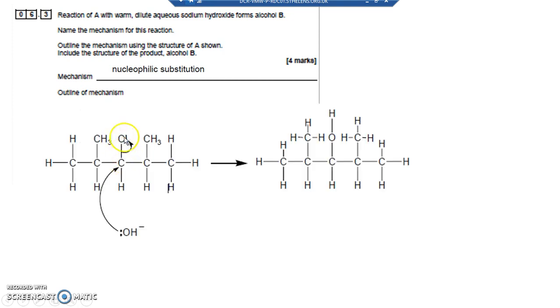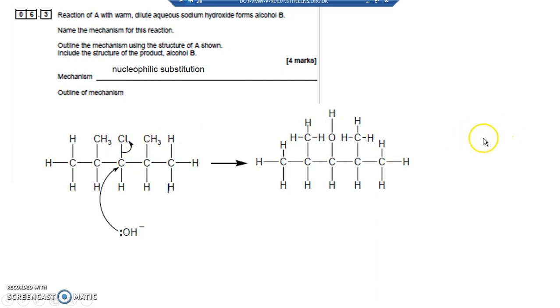The Cl is electronegative, gets a slight delta minus charge, the C a slight delta plus charge, and the OH minus attacks the C, because that's got a slight delta plus charge, and the Cl, which is withdrawing electrons towards itself anyway, gets the electrons and forms a Cl minus ion.